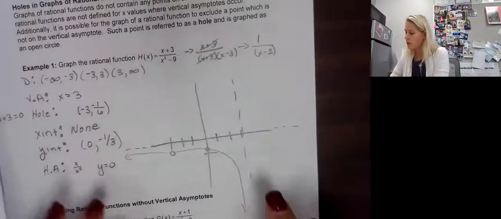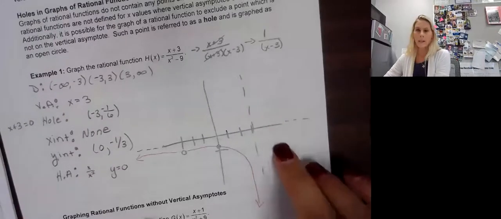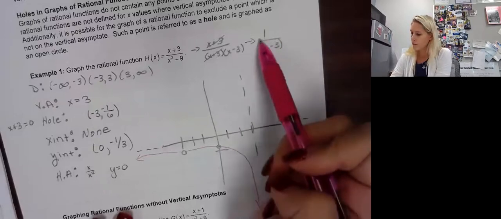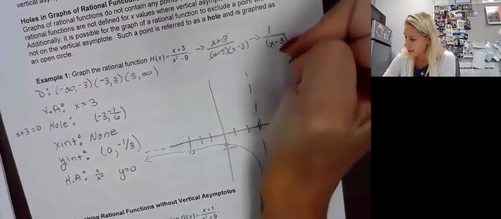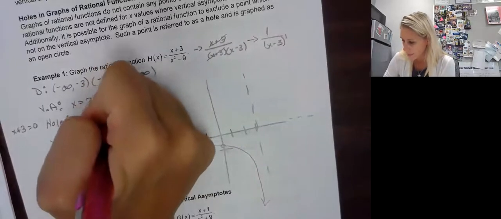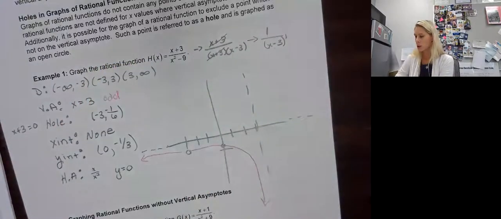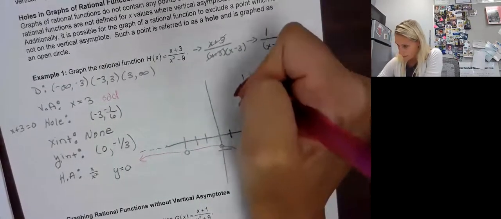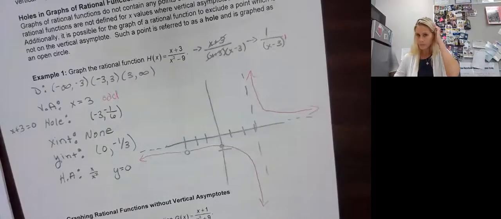Now, if you're wondering if it's on this side or this side, remember what kind of vertical asymptote is it? This is to the first, so it's odd. Remember we talked about this last section? And odd goes in opposite directions. And you're done. Okay.